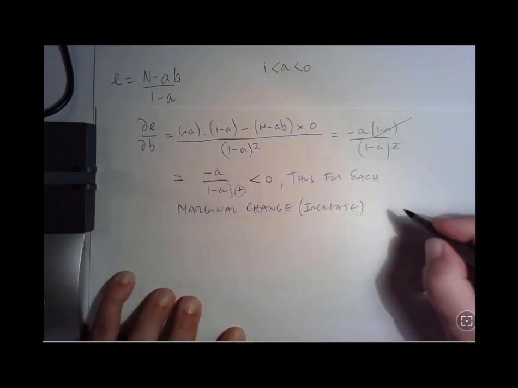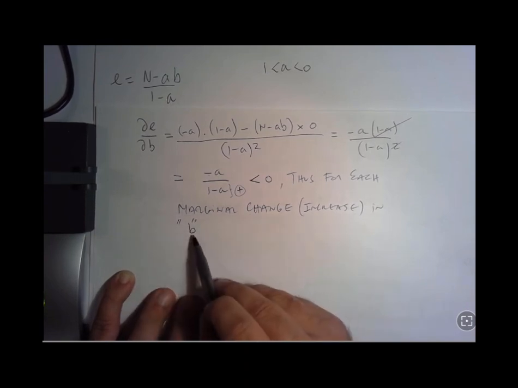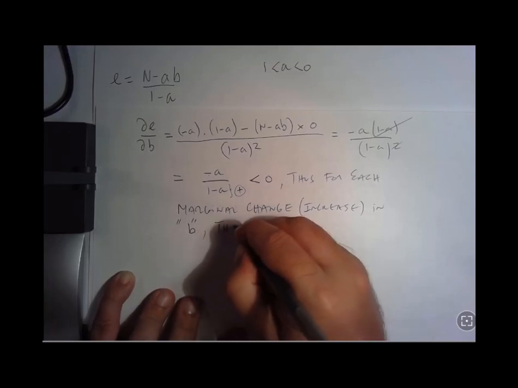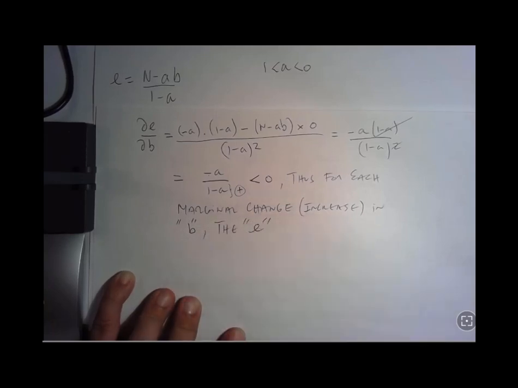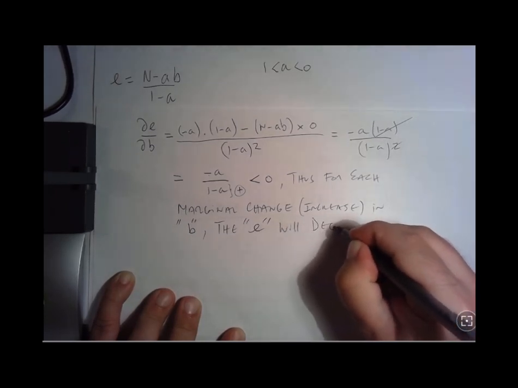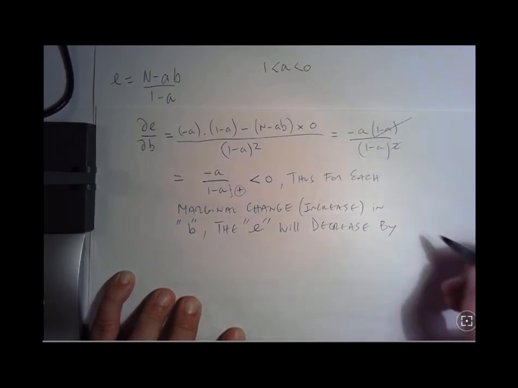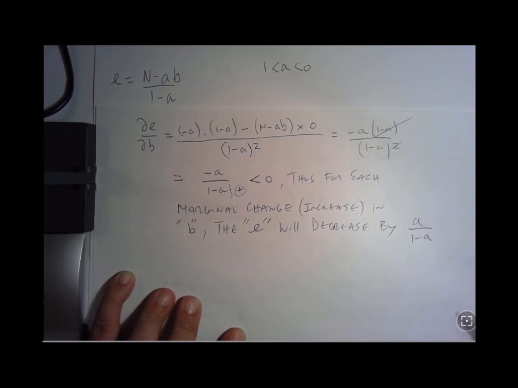A marginal increase in B, which is the tariff on the intermediate input, the effective rate of protection, E, will decrease by A divided by 1 minus A. Okay. For each marginal change, so it's per unit of change, whatever is the unit of measurement.